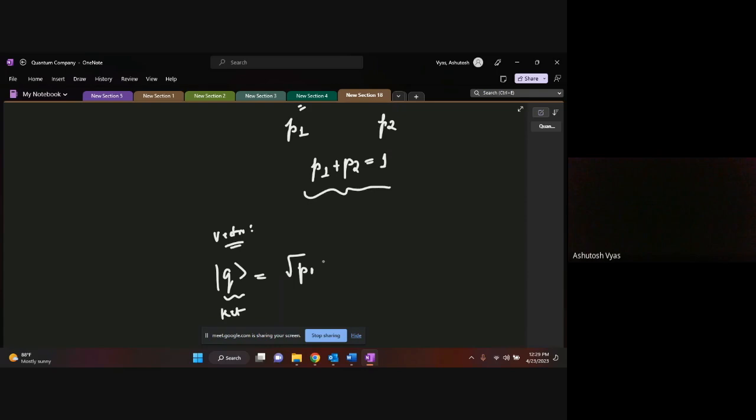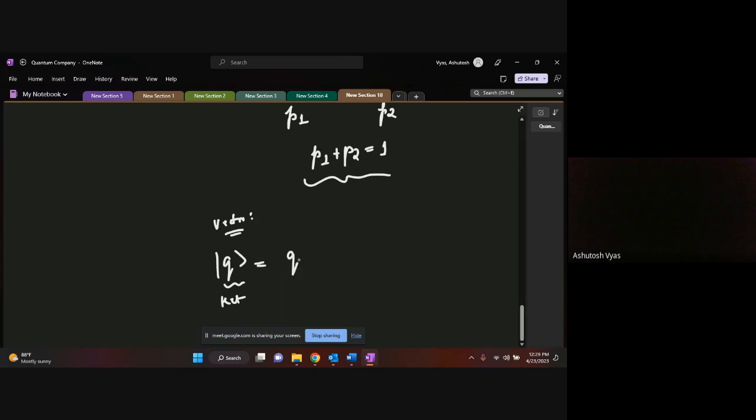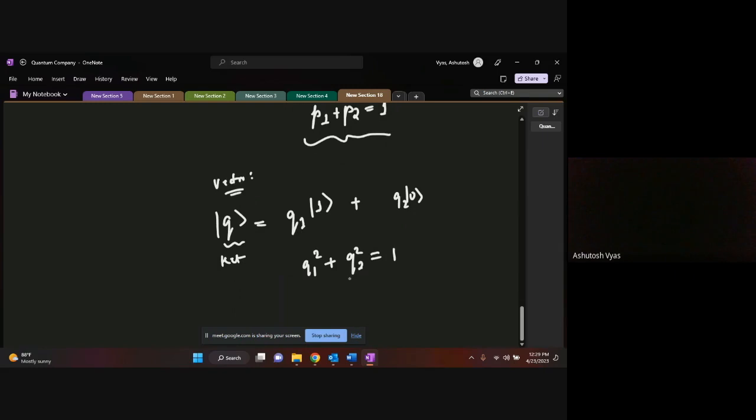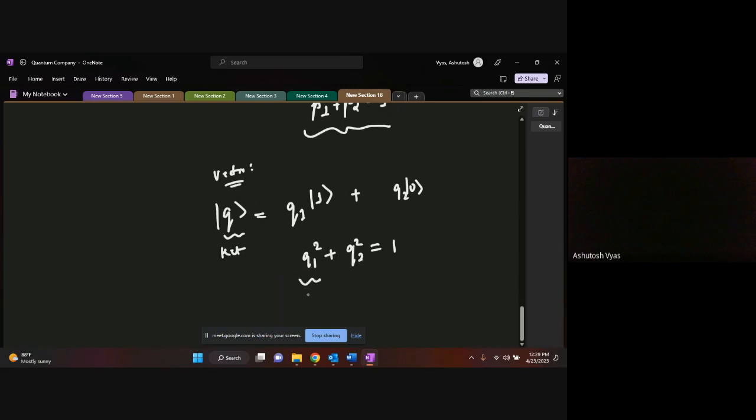So let's say it's direction 1 and direction 0. What I'm trying to say is that Q1 square plus Q2 square is equal to 1, and this is equal to P1 and this is equal to P2, right?